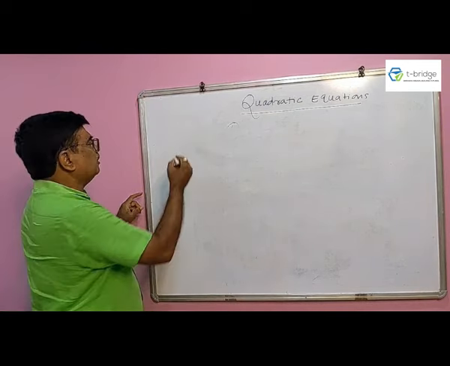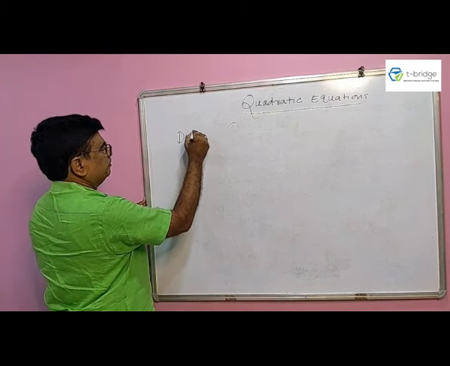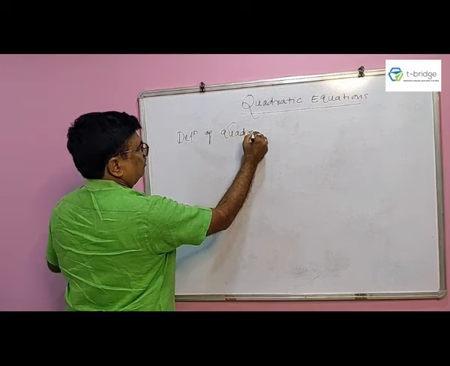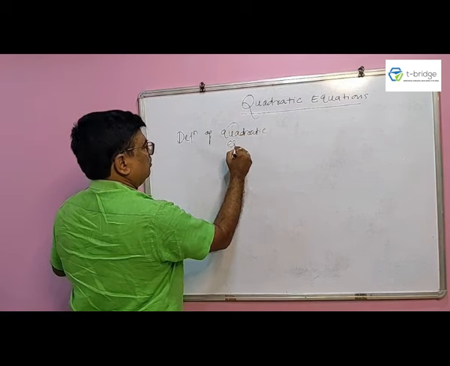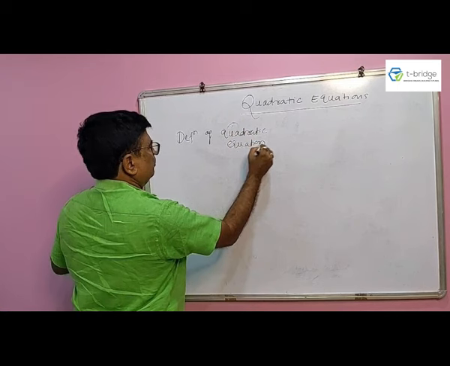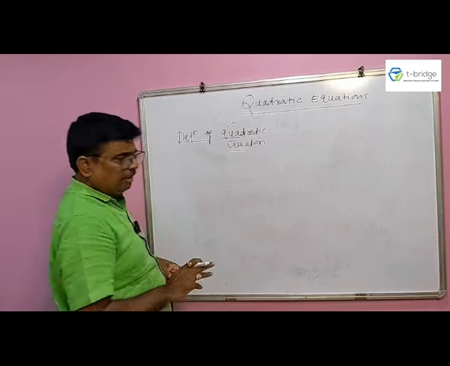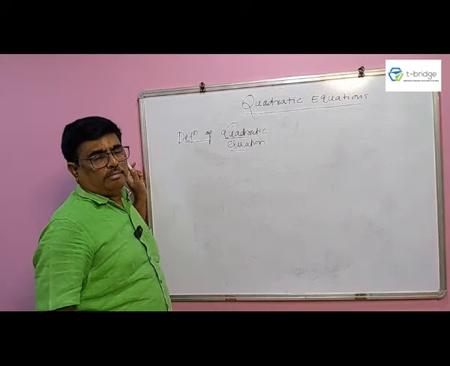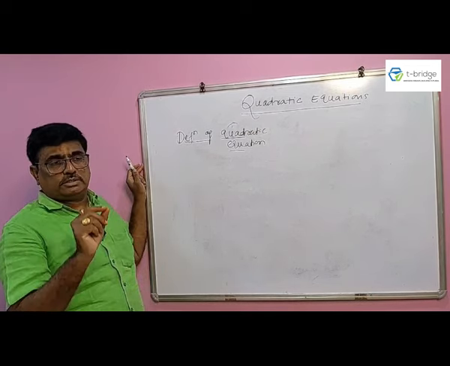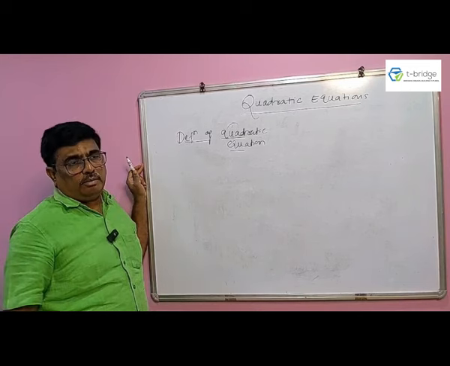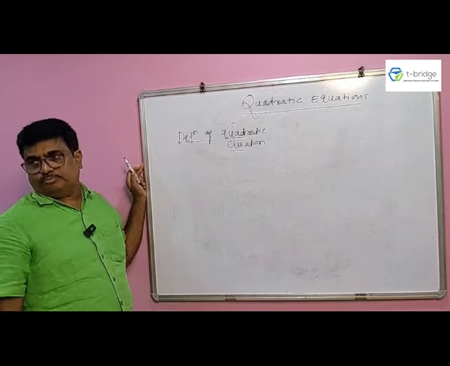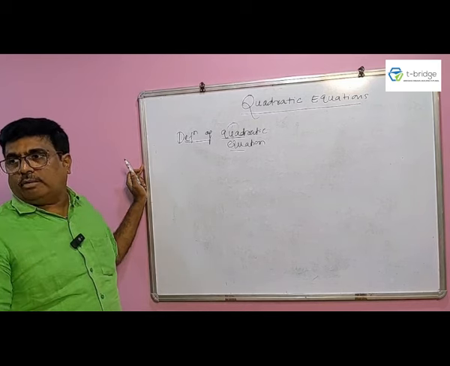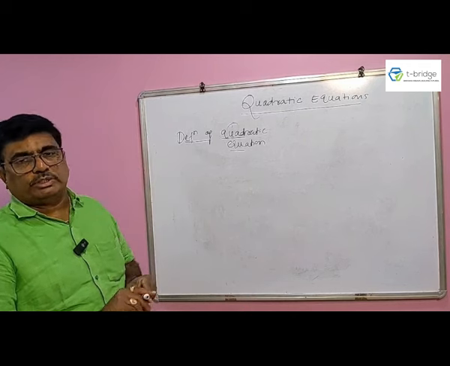An equation in one variable whose highest power is 2 is called a quadratic equation.